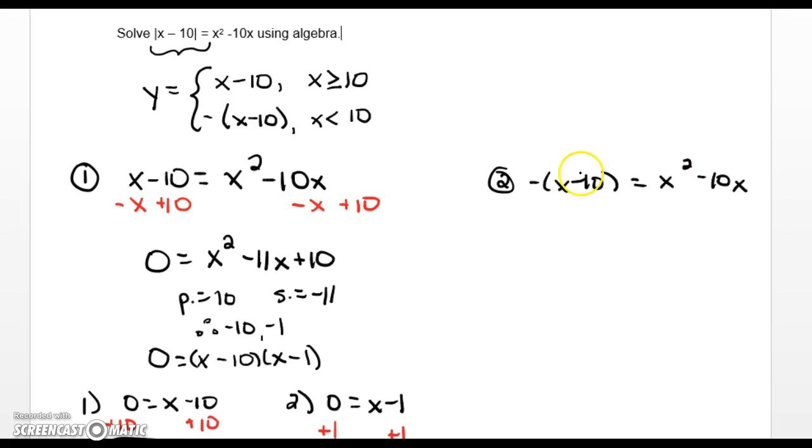My first step here is I'm going to apply this negative. I'm going to use my distributing property, or what I call shooting your arrows. So you have negative times x is negative x, and negative times negative 10 is positive 10. Then once again, I want to move everything all to one side. Here I want to add x and subtract 10.